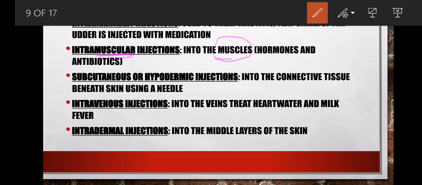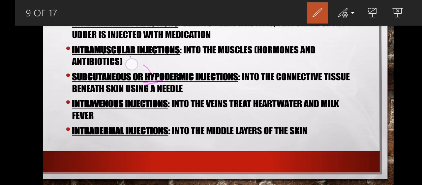We also have subcutaneous, but I like this name, hypodermic. I will try to explain this one in a very simple way. Hypodermic injection. Let's see where the injection goes here. Hypodermic. Please underline hypo.